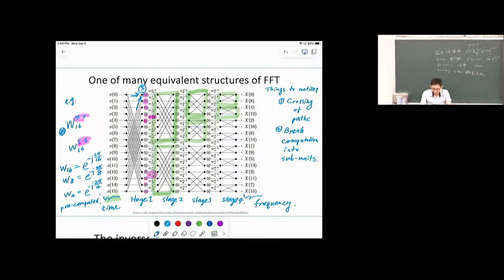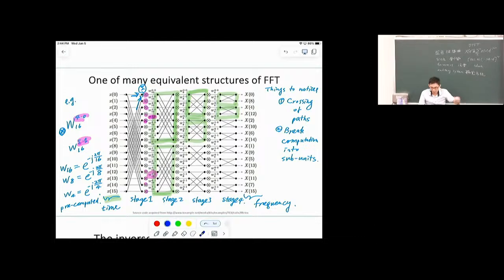Because we start with a length of 16, one stage goes to 8, the next stage goes to 4, and the third stage already goes to units of length 2. That's why we have exactly log 2 of 16 stages.